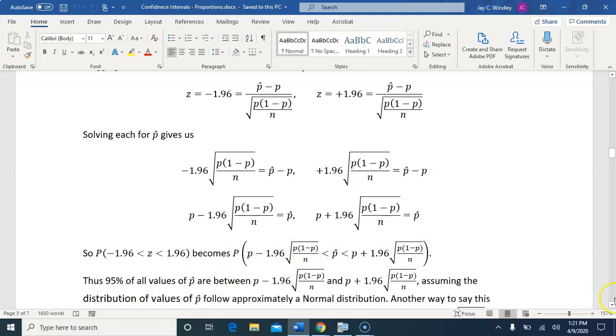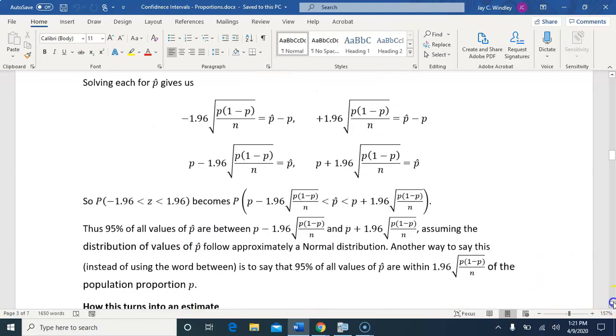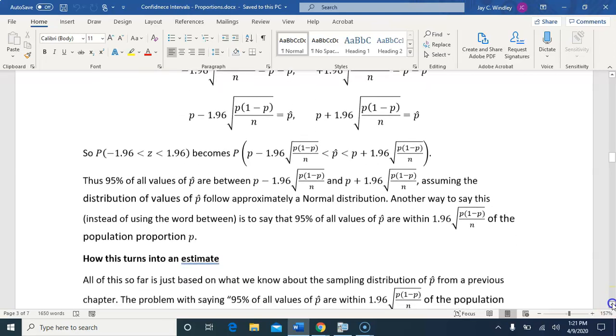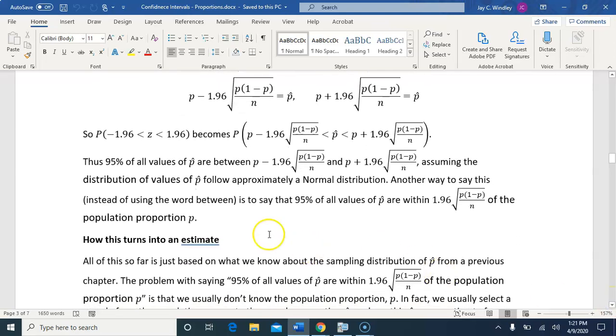So 95% of all values of p-hat are between p minus this expression and p plus this expression, assuming, of course, that the distribution of p-hat is approximately normal. Another way of saying that without using the word between is to say that 95% of all values of p-hat are within this far of the population proportion p.